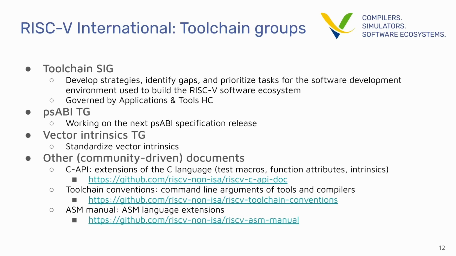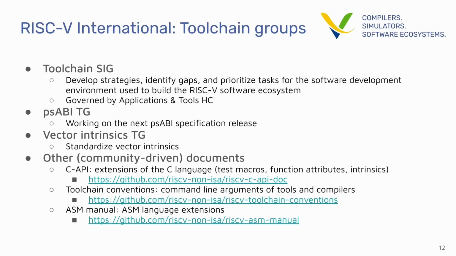We have the Vector Intrinsics TG, which has just been created recently, which is writing a documentation that standardizes the vector intrinsics of RISC-V. Besides these groups, there are also community-driven documents.